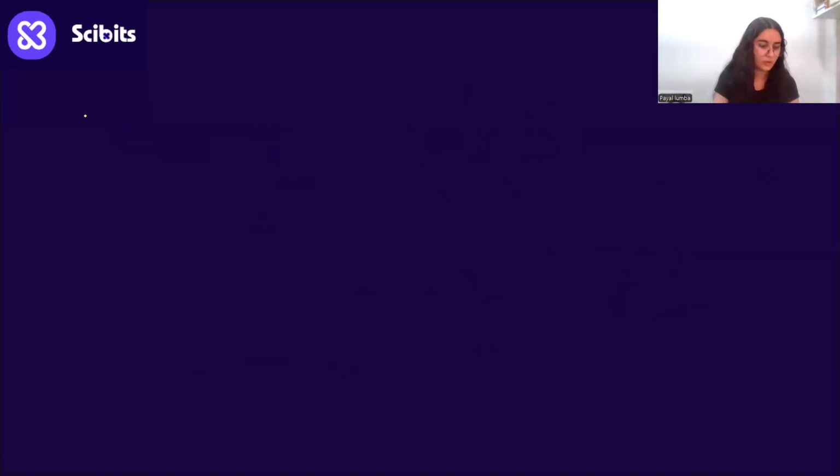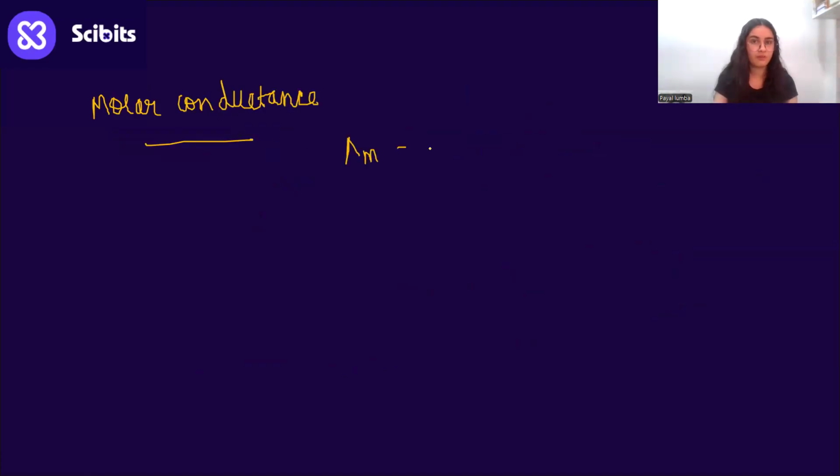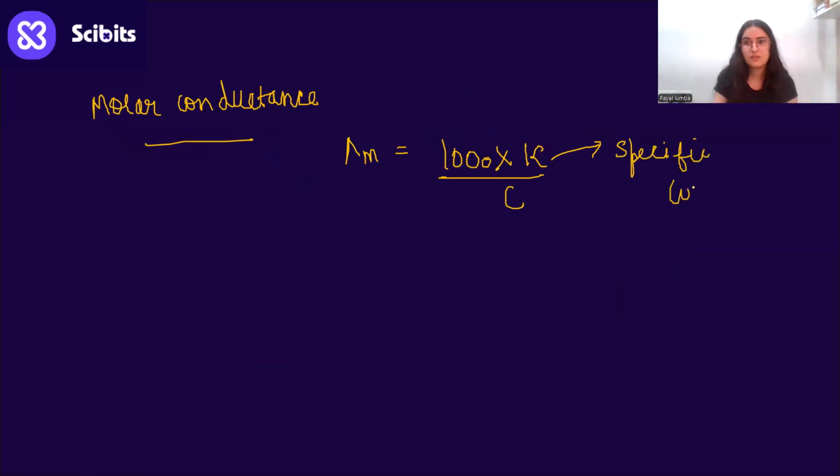Now let me tell you about the molar conductance. The formula for molar conductivity is 1000 into kappa upon C, where kappa is specific conductance.